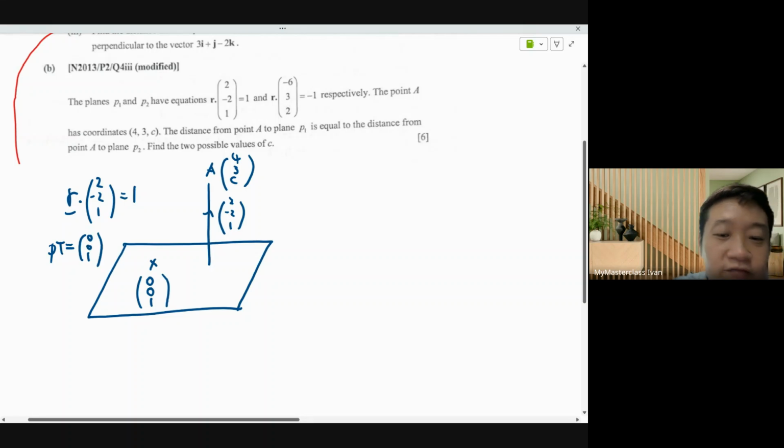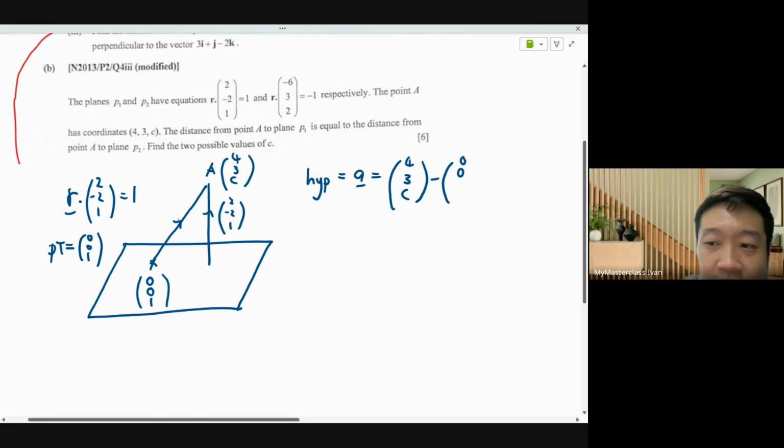So this inferring is very important. Now you can find, first, the hypotenuse: 4, 3, c minus 0, 0, 1 gives 4, 3, c minus 1.